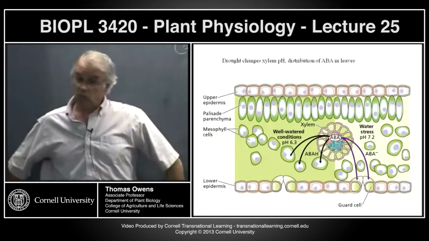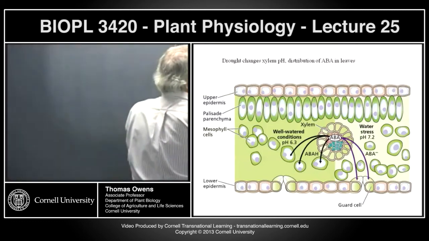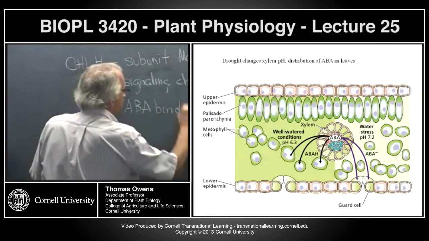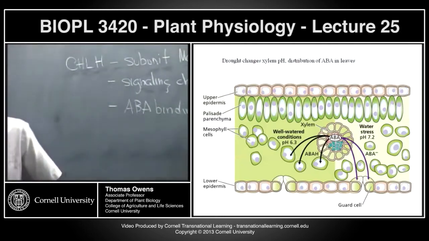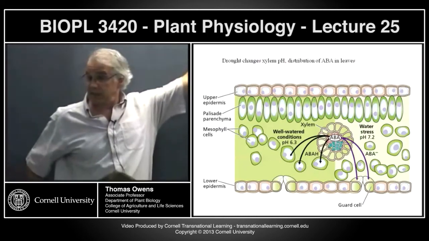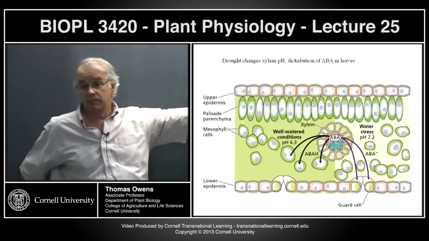Well, the picture just got more complicated, because there's a domain in this same protein, different from those 2, that is capable of binding ABA. That's basically all we know at this point.